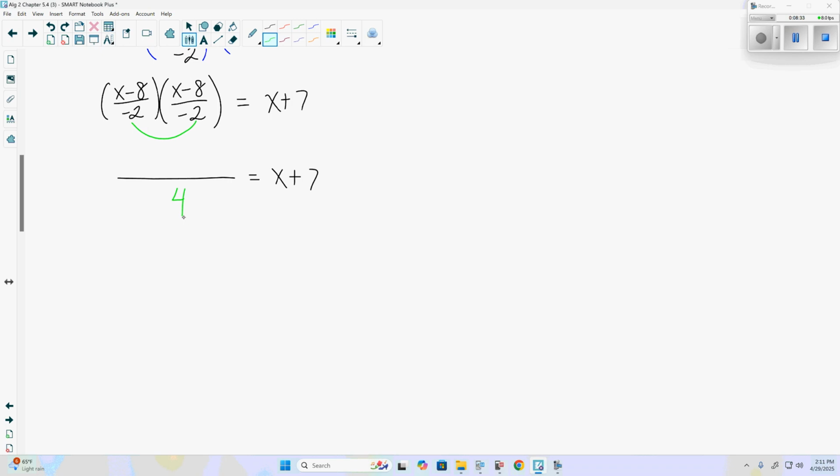Now, if we look at the numerators, well, x times x is x squared. X times negative 8, negative 8x. Then negative 8 times x, negative 8x. And lastly, negative 8 times negative 8 is positive 64.